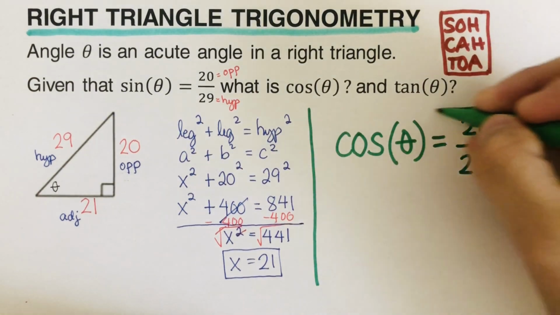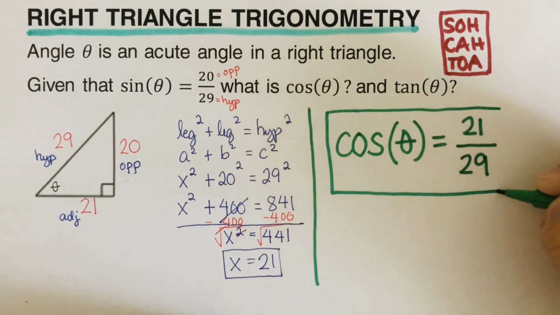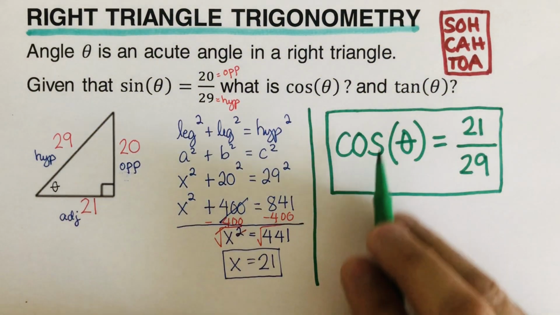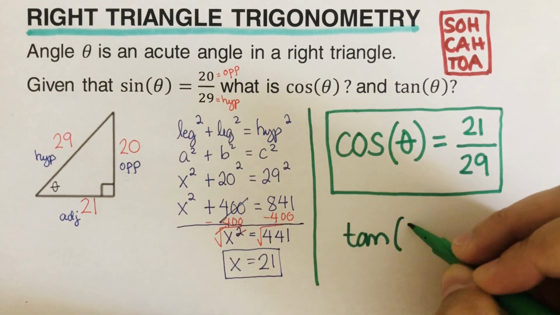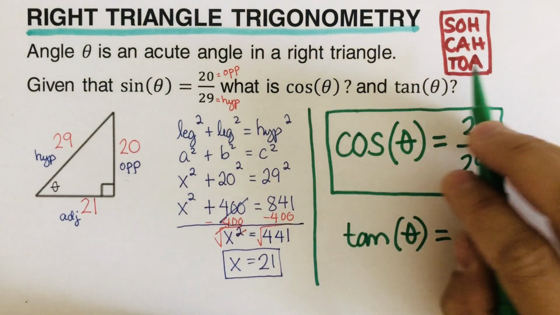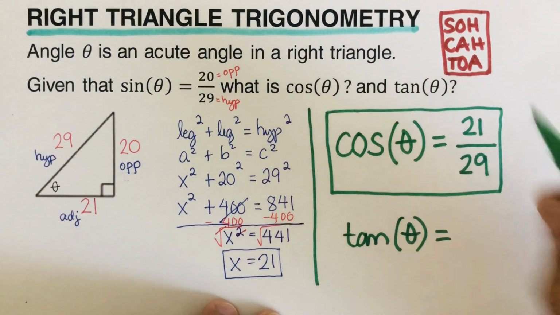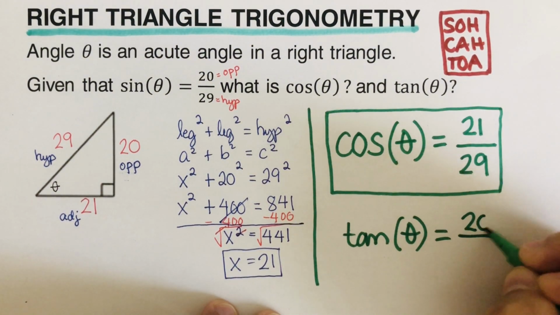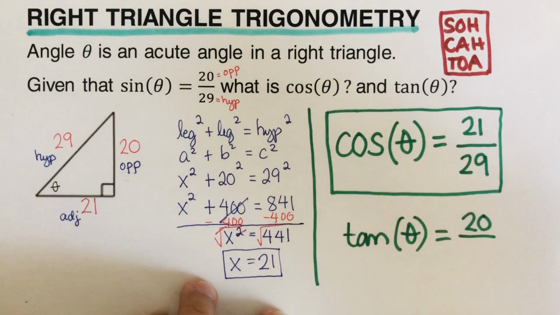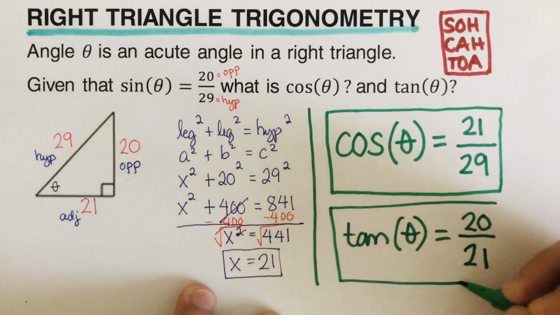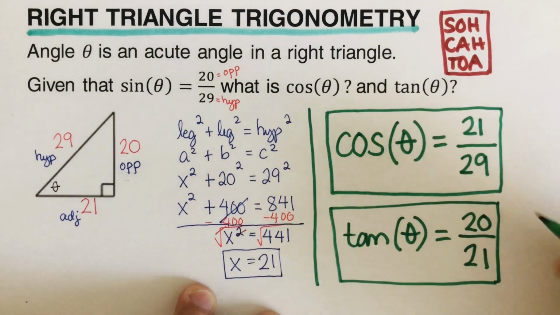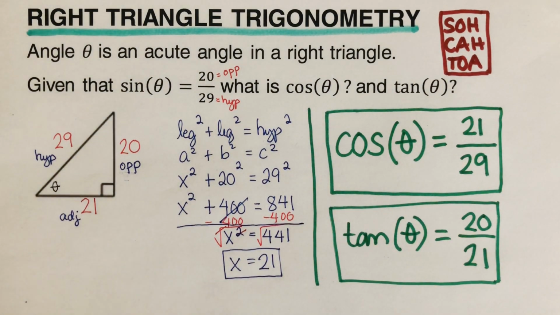This is the value for cosine theta. Now let's move on to finding tangent theta. Tangent theta is TOA, opposite 20 over adjacent 21. This is the value for tangent theta for this triangle.